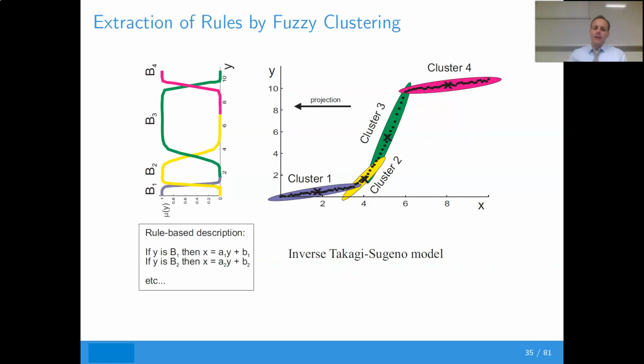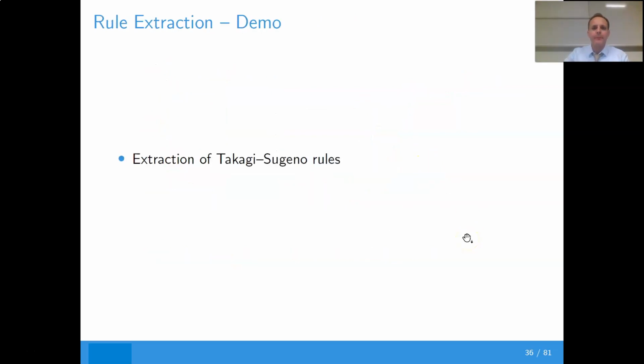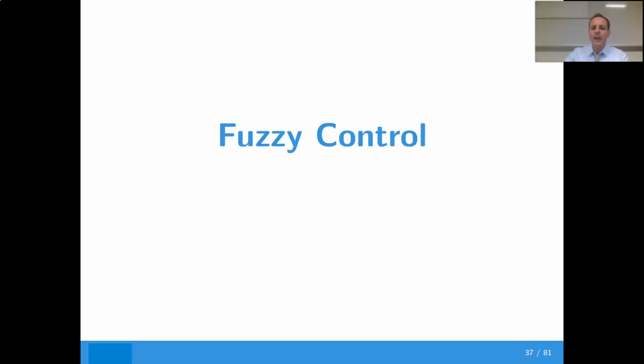Of course, you can think of projecting your cluster onto the second space of y, and you obtain what is called, although it is not really used, the inverse Takagi-Sugeno model, because it describes the output as a function of the input. We will see a demo later of how we can extract the Takagi-Sugeno rules, especially for fuzzy control.